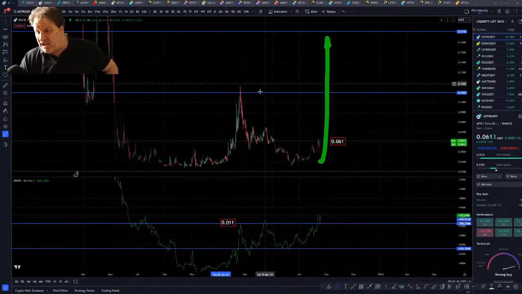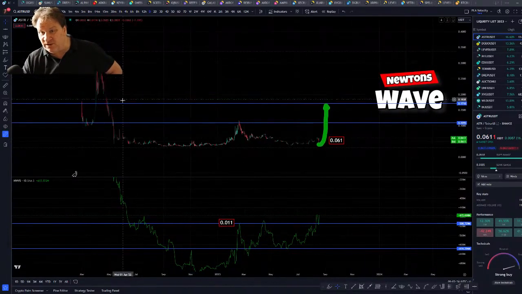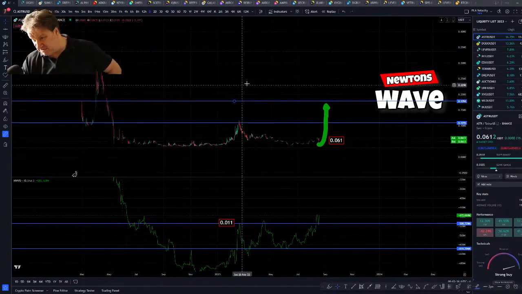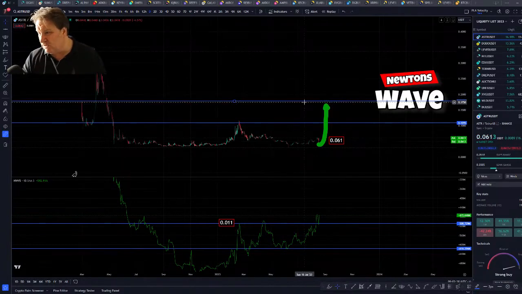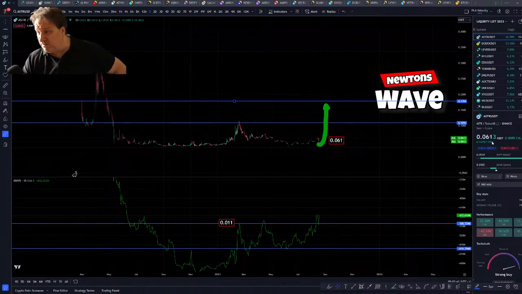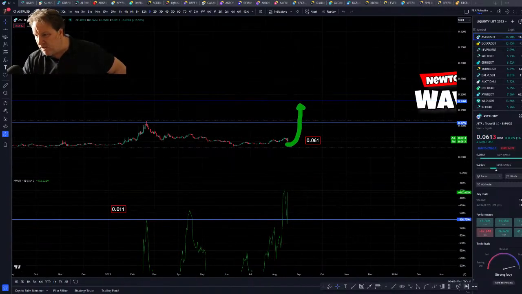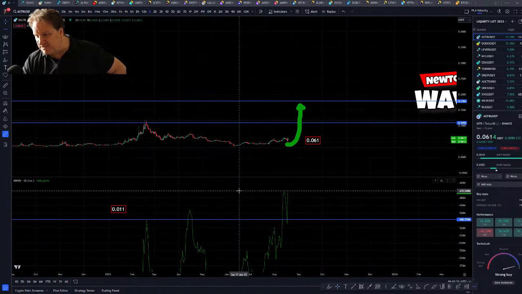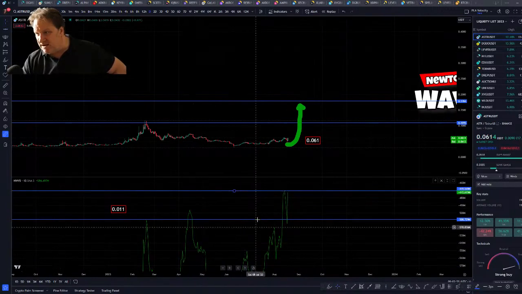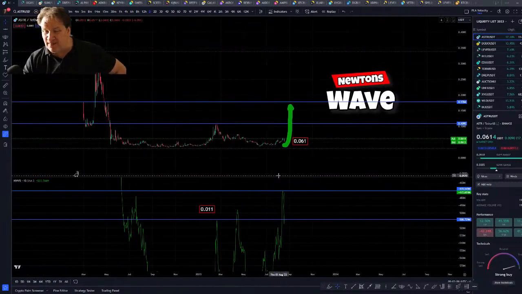And then it has to beat the previous peak, here, the peak before that. That's the next resistance point, which is 0.17. So there you go. I hope that helps. As you can see, it's already gone up. It's climbing crazily as we're speaking, because on Newton's wave it's about to pass the last line of resistance, and as it crosses through there, bang, you watch this shoot up today.